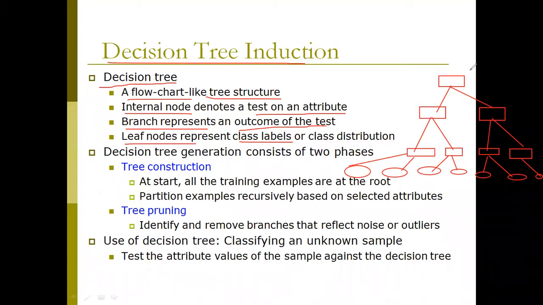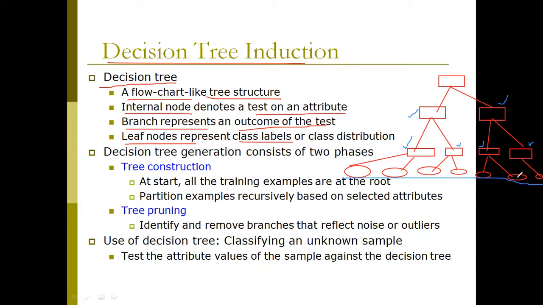This decision tree has, first, the root node, and some internal nodes. This is the root node and these are the internal nodes. And at the end, these are all the leaf nodes.